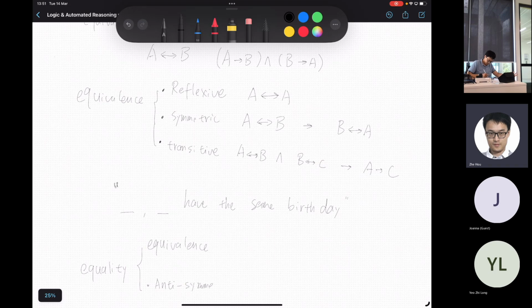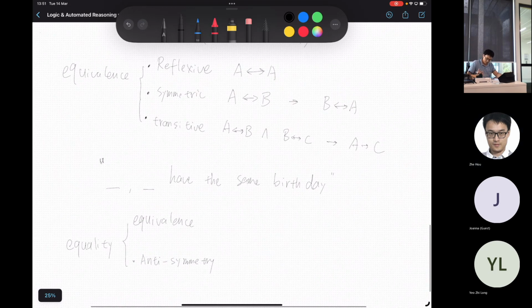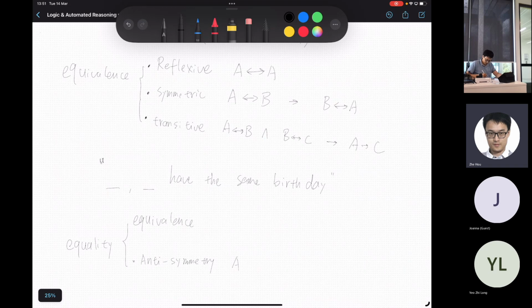So what is antisymmetry? Antisymmetry means if A and B satisfy this equality relation, and I'll write the usual symbol we use for equality, the equal sign, then A and B designate the same object, essentially.